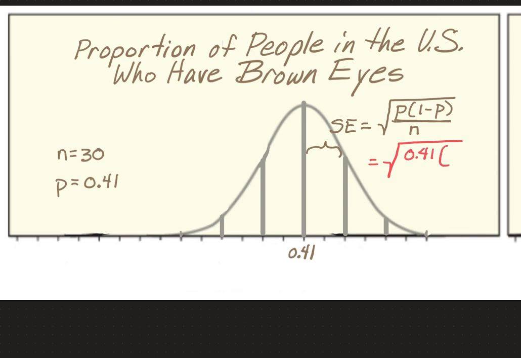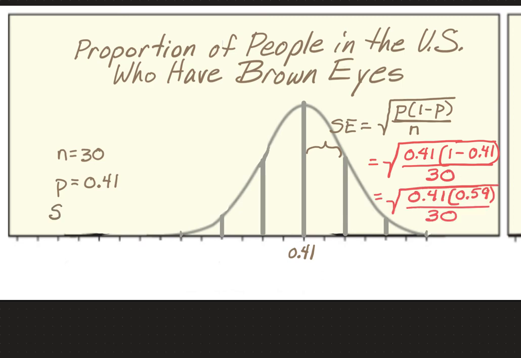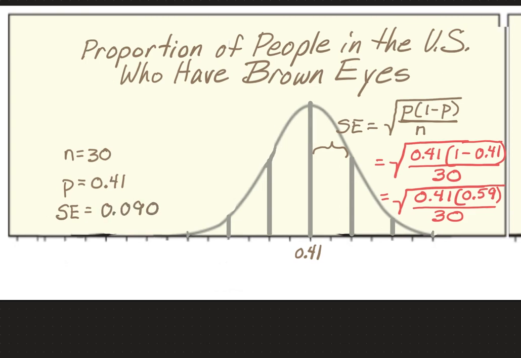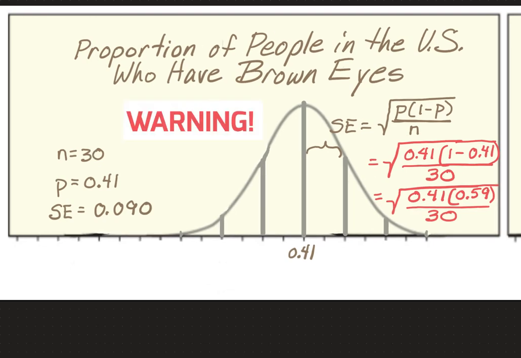Our proportion is 0.41. Do not make that mistake. Times 1 minus 0.41 divided by N, which is 30. We will get a standard error of 0.090. That would be the standard error of our sampling distribution.